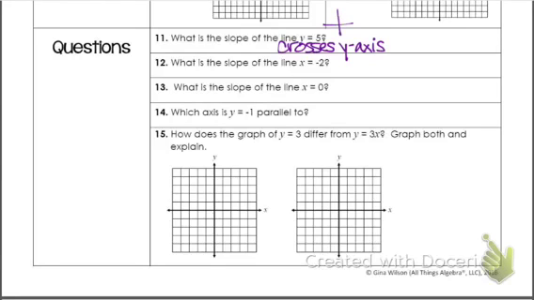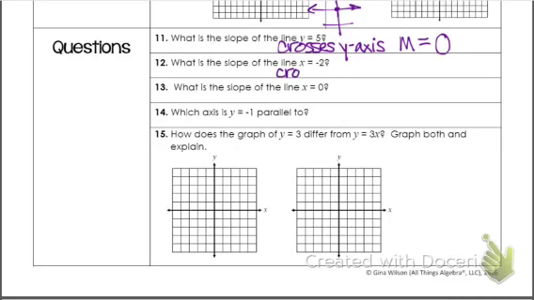Go up 1, 2, 3, 4, 5. So it's crossing there, which means it has to be a horizontal line. A horizontal line has no slope or 0. So y equals any number, it doesn't matter what the number is at all. If it's y equals, the slope is 0.